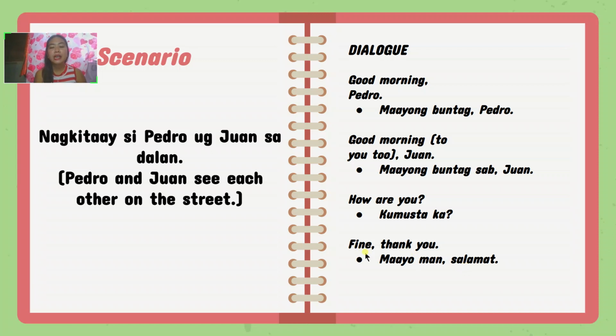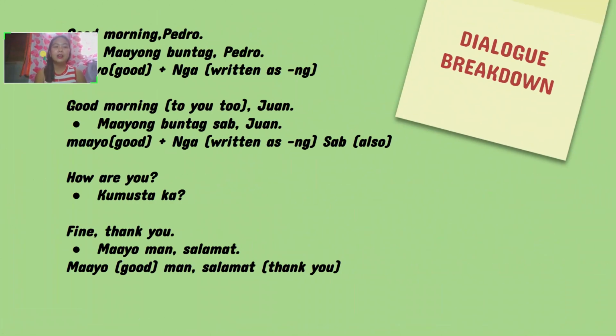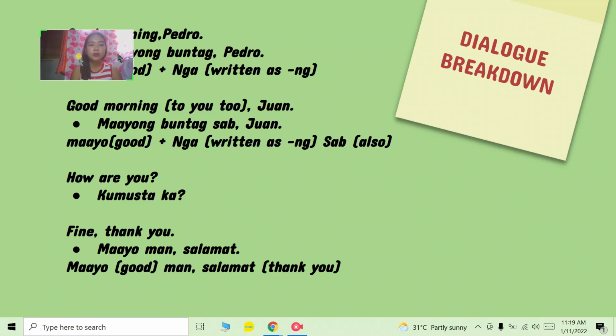Maayo man, salamat. So thank you is salamat. Fine is maayo, and then we add man because it's a statement that states a fact. The person here says that he is fine. So in Bisaya we use maayo man, salamat, or daghang salamat.